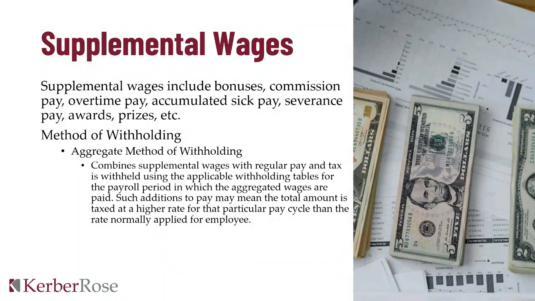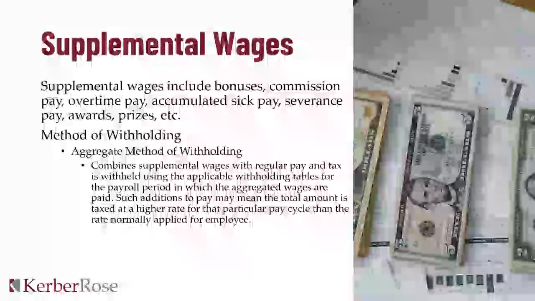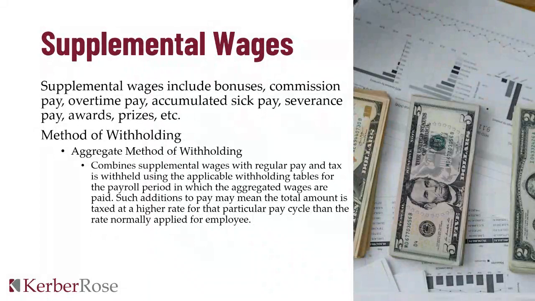And tax is withheld using the applicable withholding tables for the payroll period in which those aggregated wages are paid. Such additions to pay may mean that the total amount is taxed at a higher rate for that particular pay cycle than the rate normally applied for the employee.